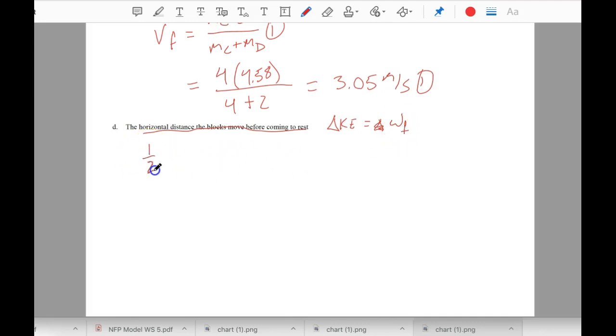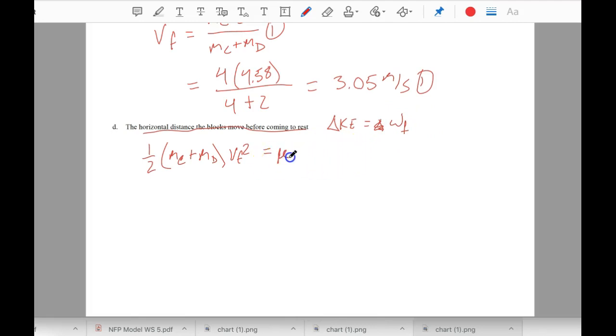So let's go ahead and do our equation again. 1/2 of the mass times the velocity squared. Before they come to rest, we know that this mass is the total mass. It's the mass of block C plus mass of block D times the final velocity squared, and that is equal to the work done by the friction.